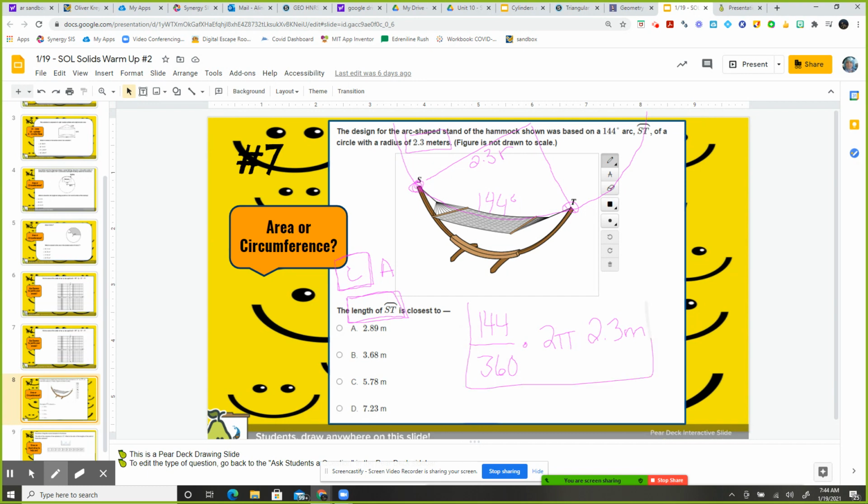And then you just put all of that into the calculator. So grab a calculator, 144 divided by 360 times 2 times pi times 2.3. Do we get 5.78?